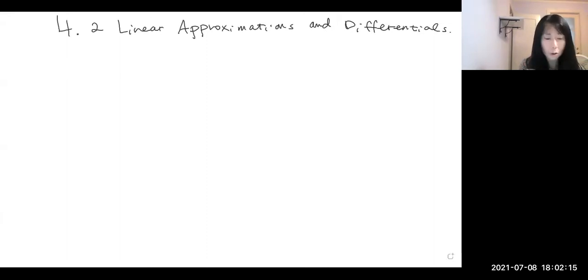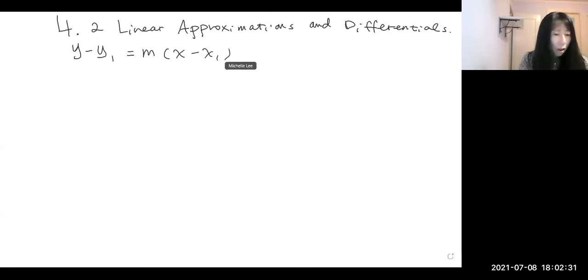Before that, we know the slope formula, which is y minus y sub 1 equal to m times x minus x sub 1, right? Then f is differentiable at the point x equal to a.